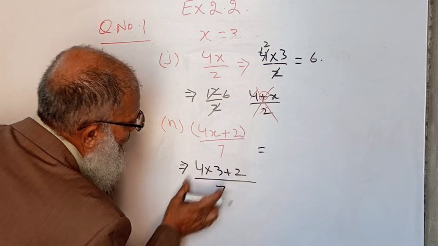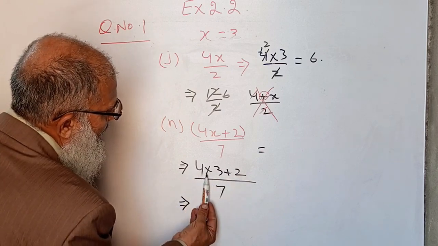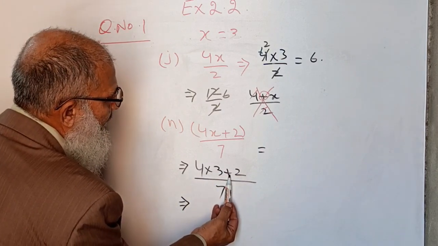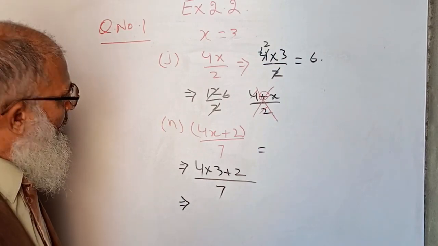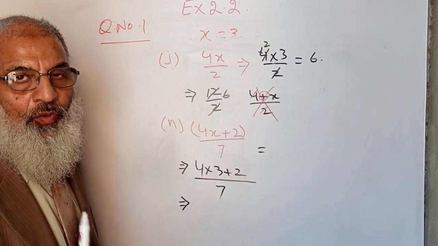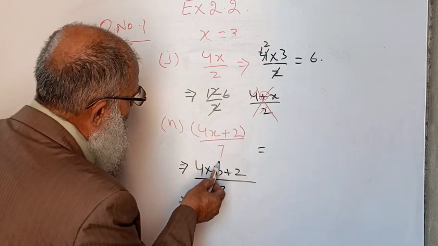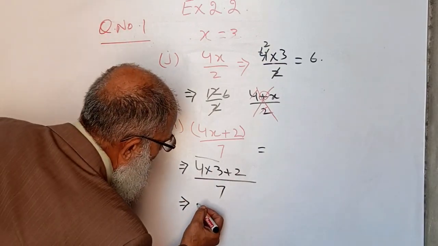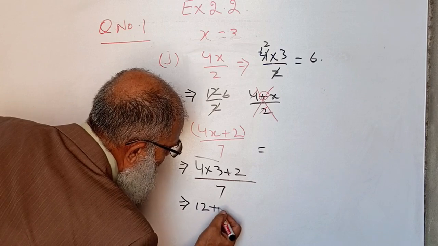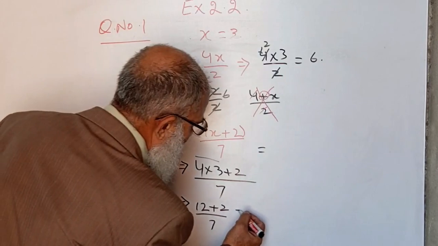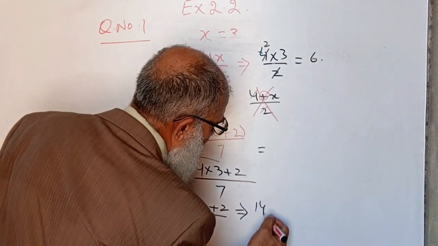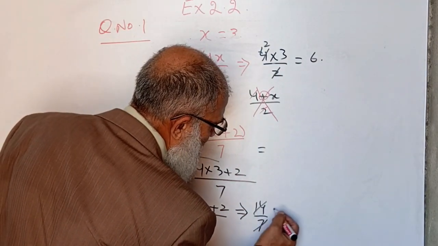Now you see that here is a multiplication sign and an addition sign coming head to head, but to follow the rule of BODMAS, you have to do this first. 12 plus 2 divided by 7. Now it will become 14 divided by 7, and it will become 2.